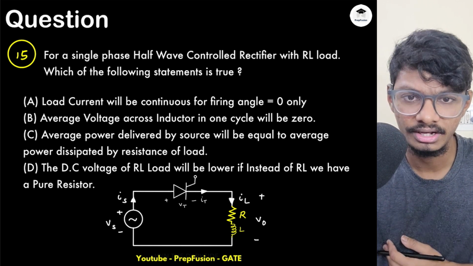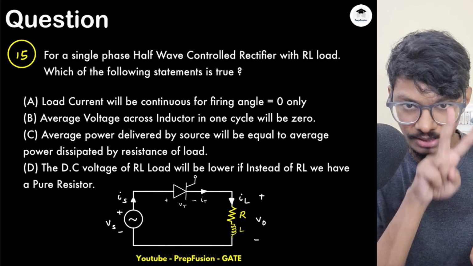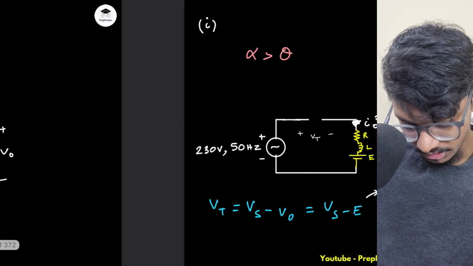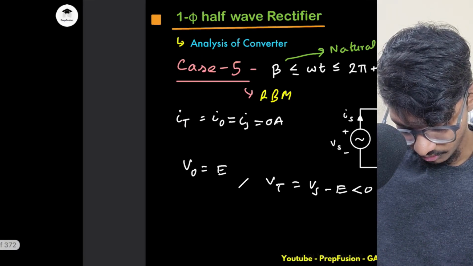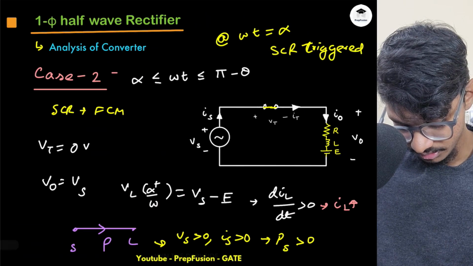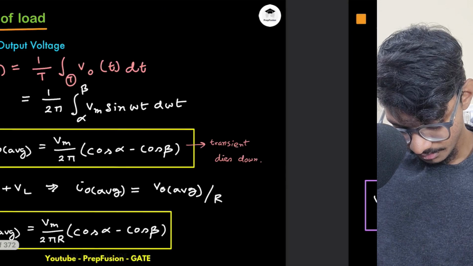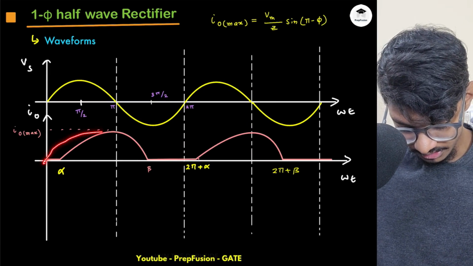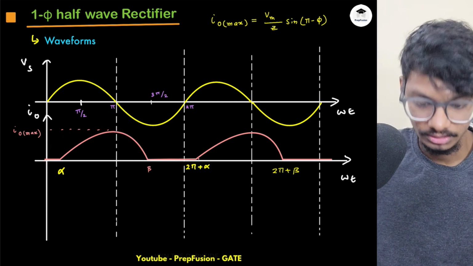We have just solved for RL load. Will load current ever be continuous? No. Why? Even if alpha is 0, if I go back to the analysis of the single phase half wave controlled rectifier with simple RL load and the waveforms, it will conduct for the first half cycle, the current will increase, and for the next half cycle the current will decrease.